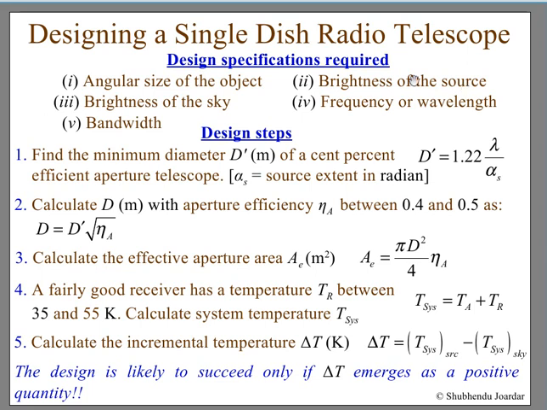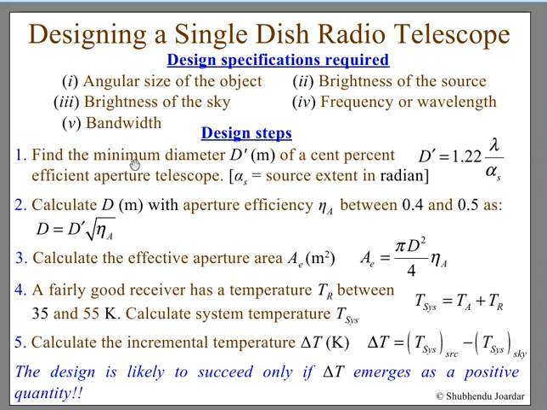Below this brightness, it will not be able to receive. Then you also should know the sky brightness, the cold sky brightness, and the frequency or wavelength for which you are designing. The dish has to be designed for a particular frequency band, and also the bandwidth. So these 5 simple steps will tell you whether your design will succeed or not.